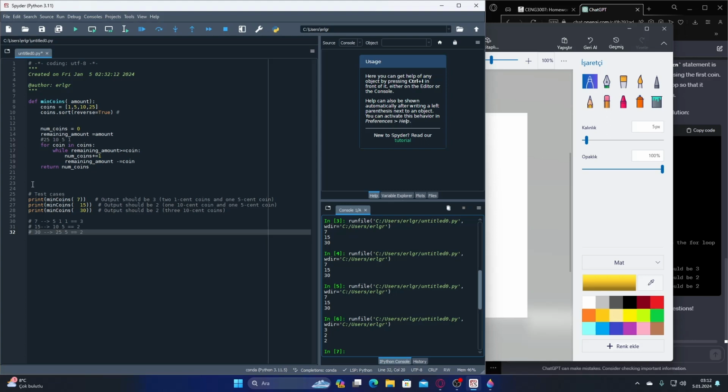I just forgot to declare what the coins are, and I made it after the definition, and I just forgot that the return statement must be in the for loop, not in the while, because this one is only taking the first one and the remaining amount is actually becoming equal to the number of the coins because of this one.